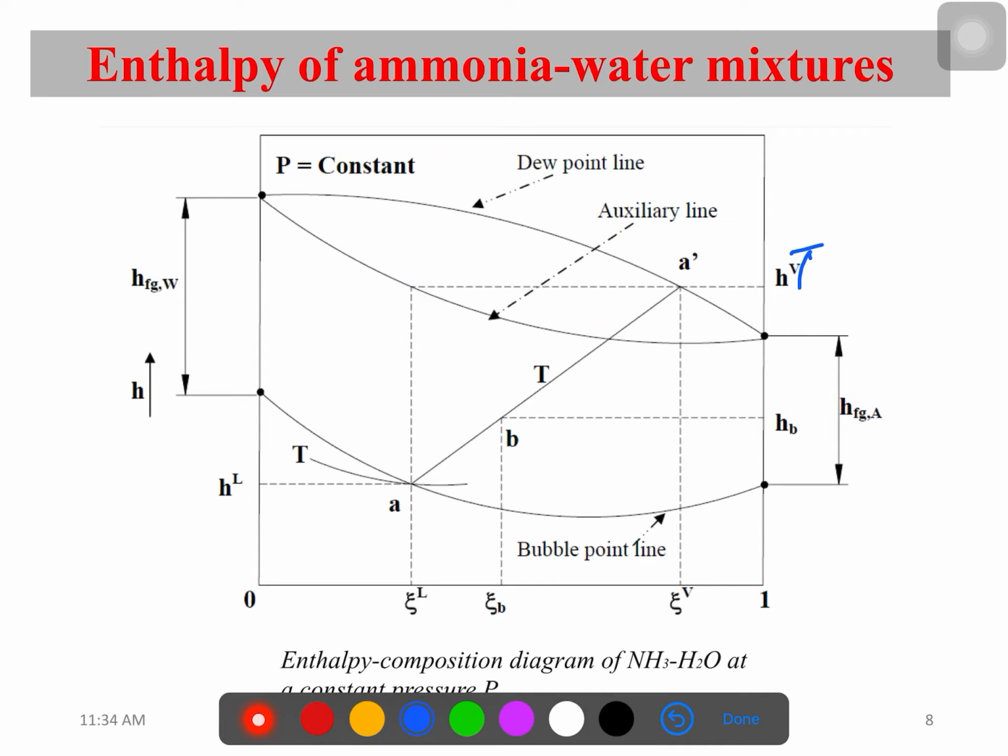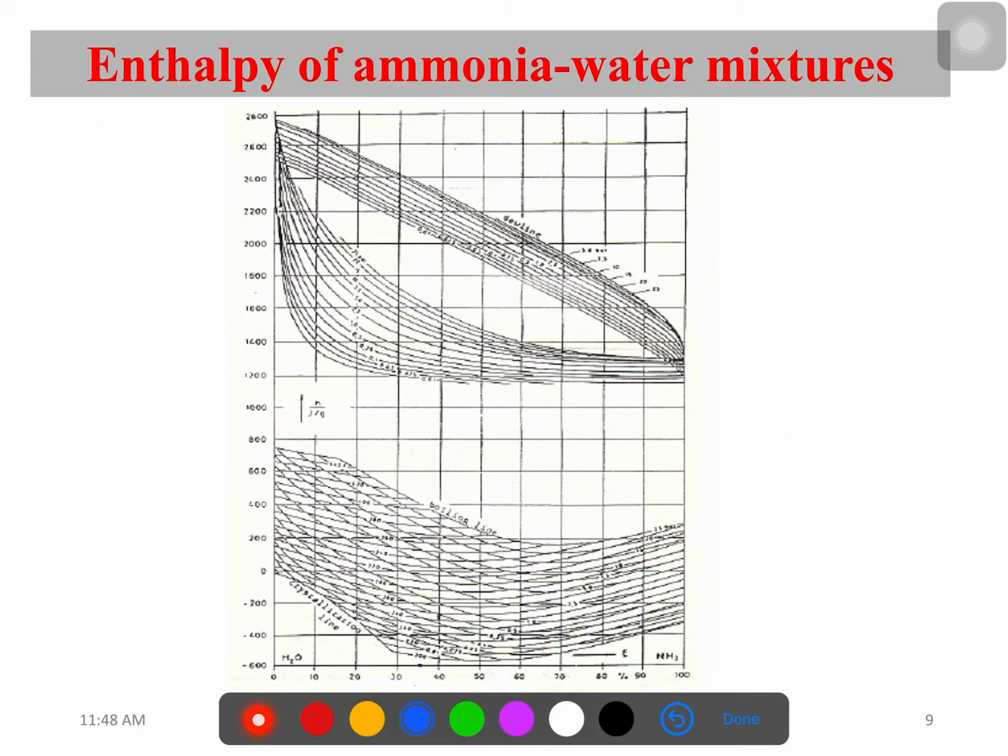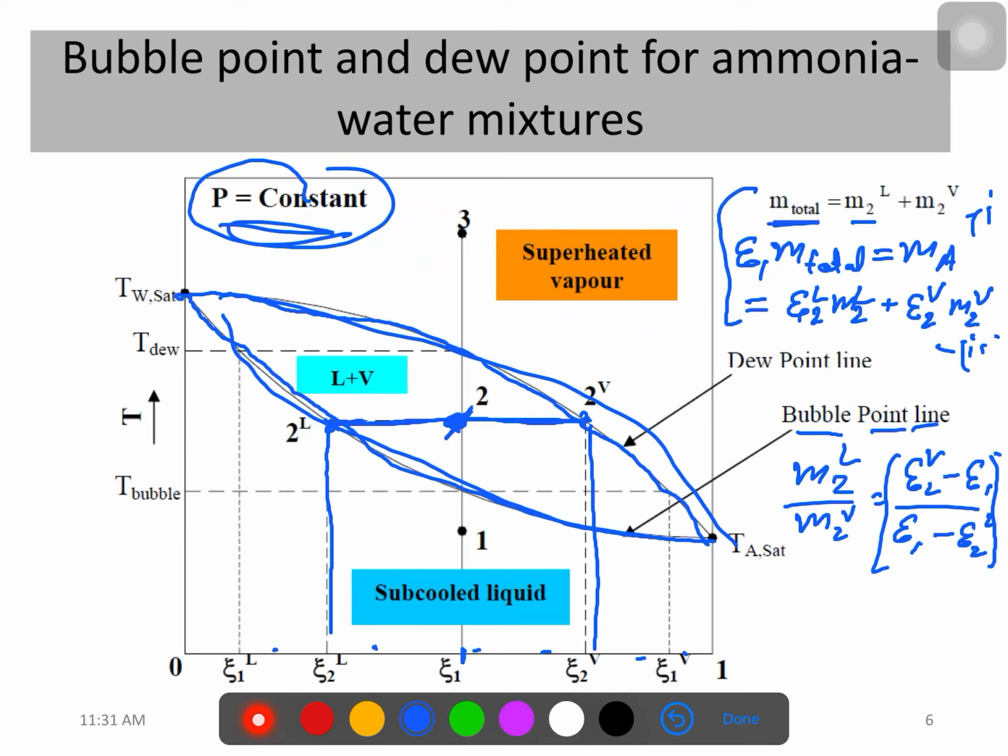you can use this relation. For the liquid I say, अगर लिक्विड के लिए आपको इंथैल्पी HL find out करनी है from this previous chart only, if we need to find out the enthalpy for this liquid point, enthalpy of this L basically will be equals to concentration of the liquid into enthalpy at that point of the ammonia plus 1 minus concentration of the liquid into enthalpy of the water.